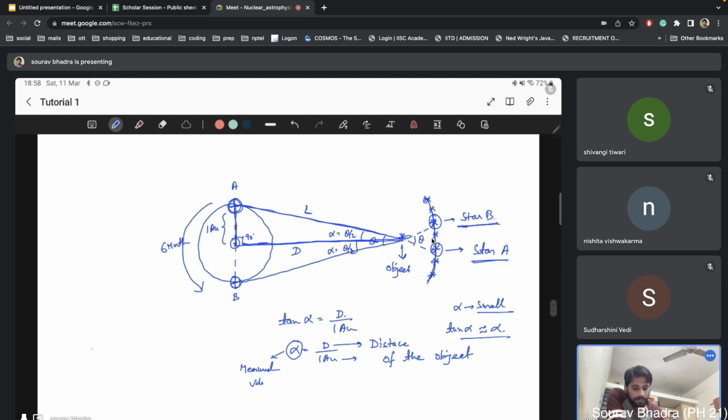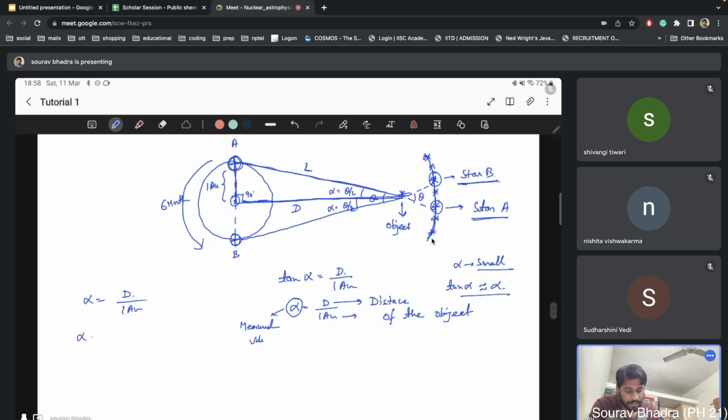Now, alpha was D by 1 AU. Parsec is defined in such a way that if your alpha is 1 arc second, that means it is 1 by 3600 degree.